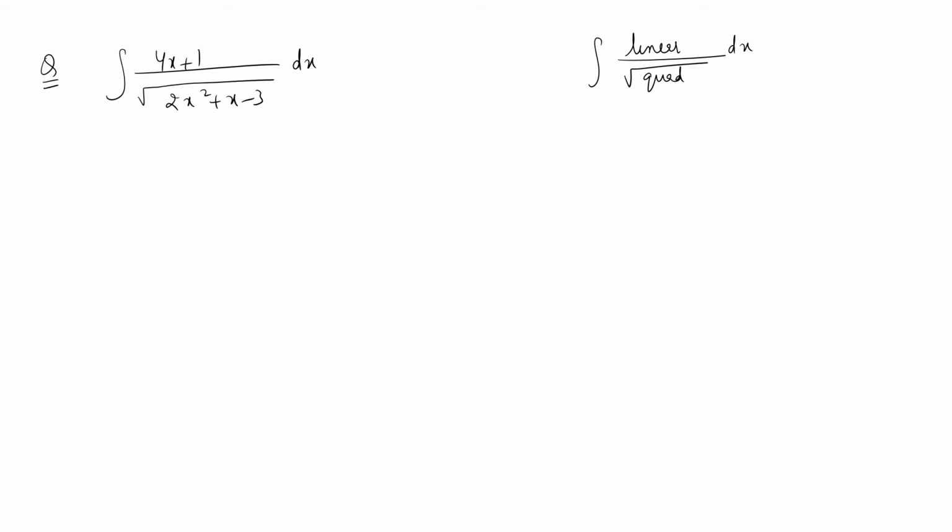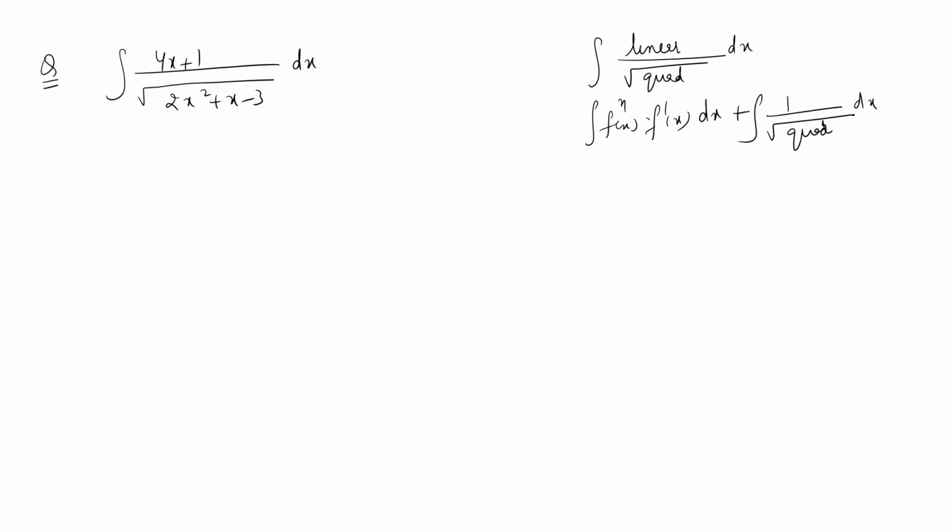What we do is just bifurcate. I know that it will be split into the form of f(x) raised to power n into f dash x, and the other one is 1 upon under root quadratic. This will help you in some competitive types of questions. So let us see how it is going to happen.